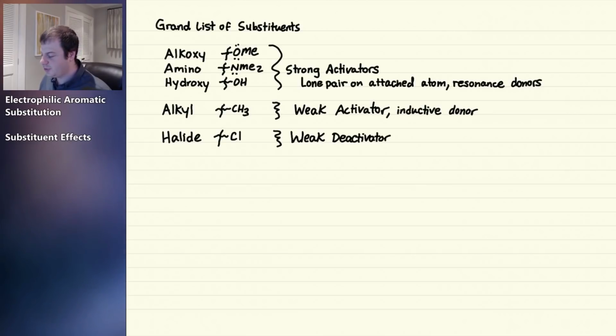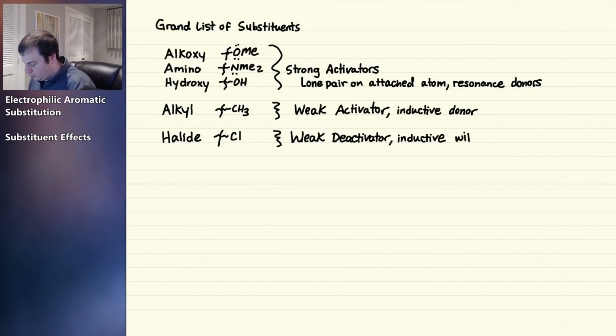For the halide substituent, it is inductively a withdrawing group. The halogens are usually quite electronegative, so they're going to want to suck electron density out of the ring because they're very selfish and electronegative. And by that virtue, they're going to be deactivating groups.